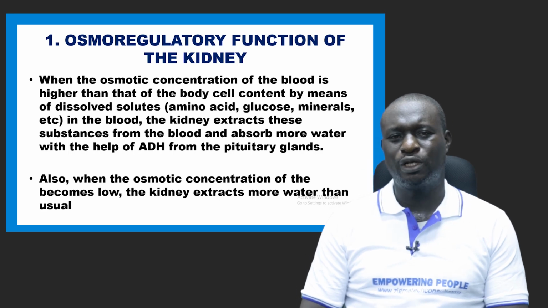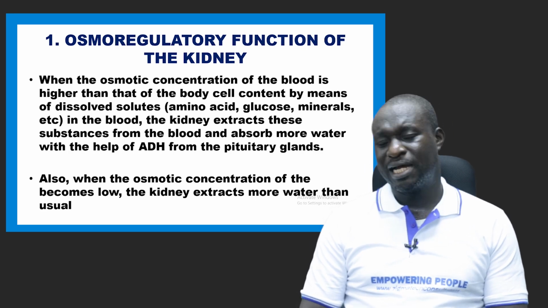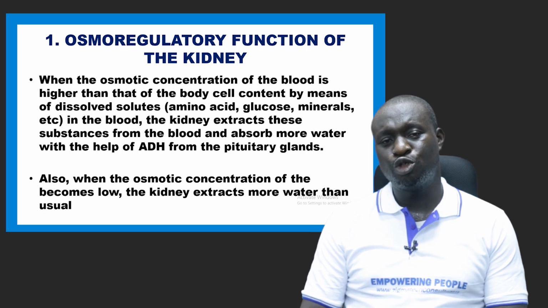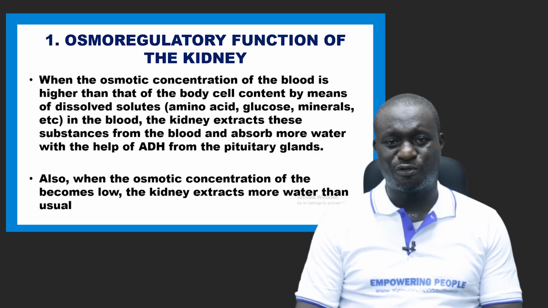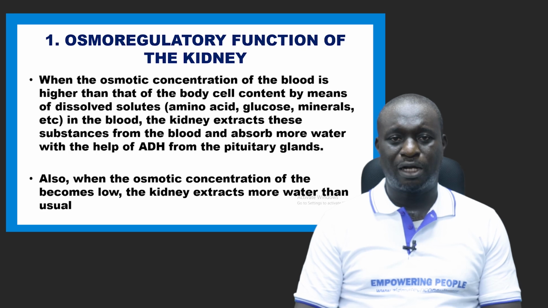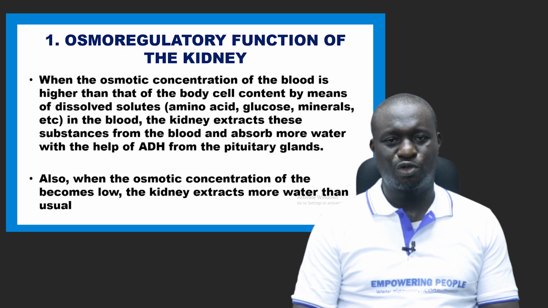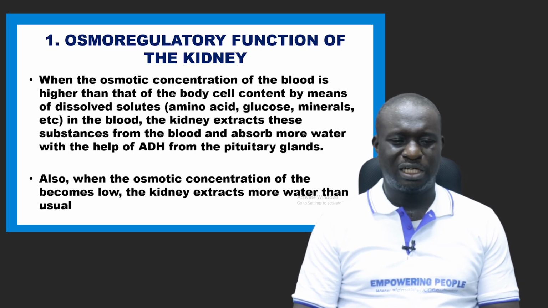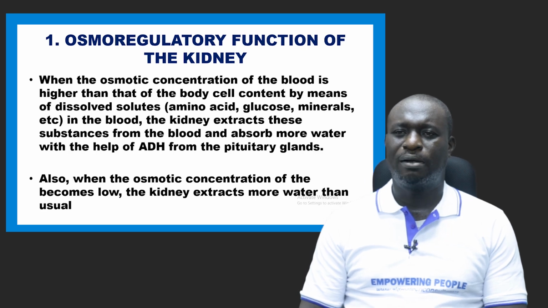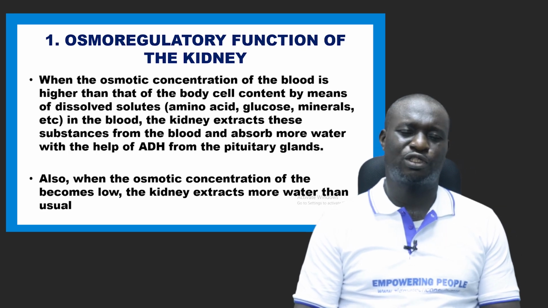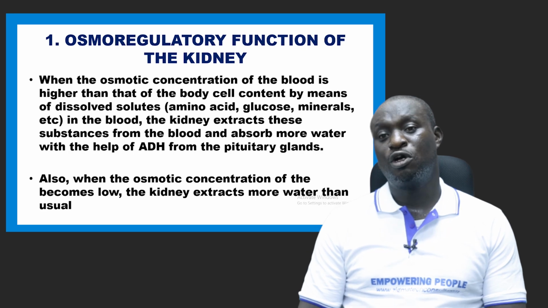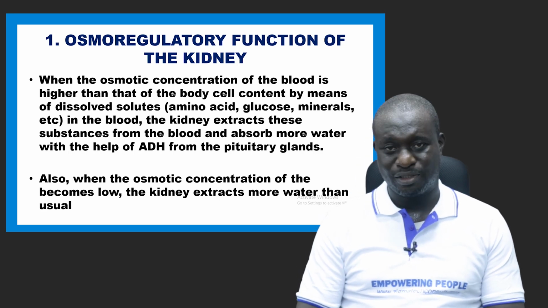For short, you can call it ADH. ADH is produced by the pituitary gland. Please don't forget this. We're going to be talking more about it in some of our videos, where we will discuss hormones and the pituitary gland. We're also going to come back to this ADH.